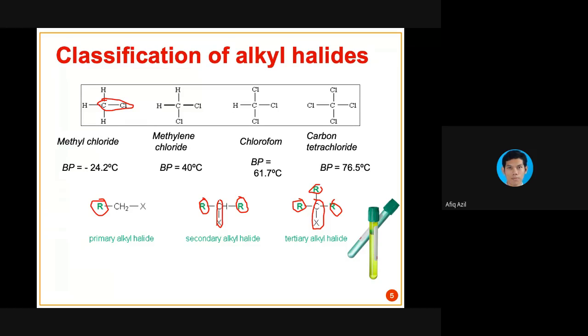This is bonded to two halogens, 2 Cl over here, and then you have three chlorines, and lastly all of the hydrogens are replaced. So the name will be different as well. When one of the hydrogens is replaced with chlorine, it is known as methyl chloride, and when you have two chlorines, also sometimes known as methylene chloride, and three chlorines, chloroform, and the last one is carbon tetrachloride.